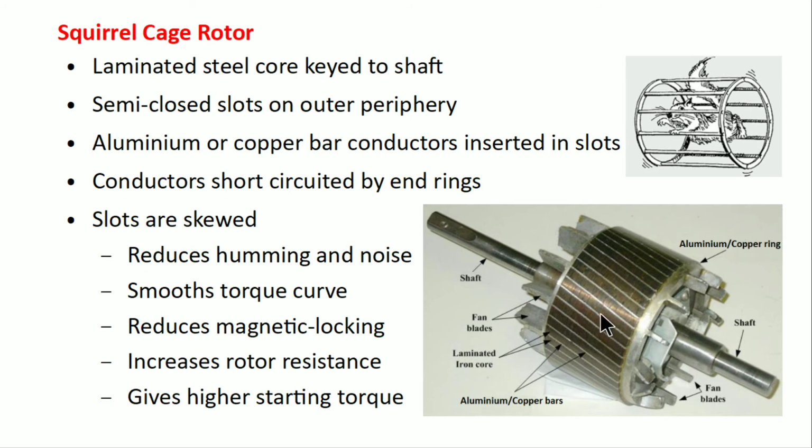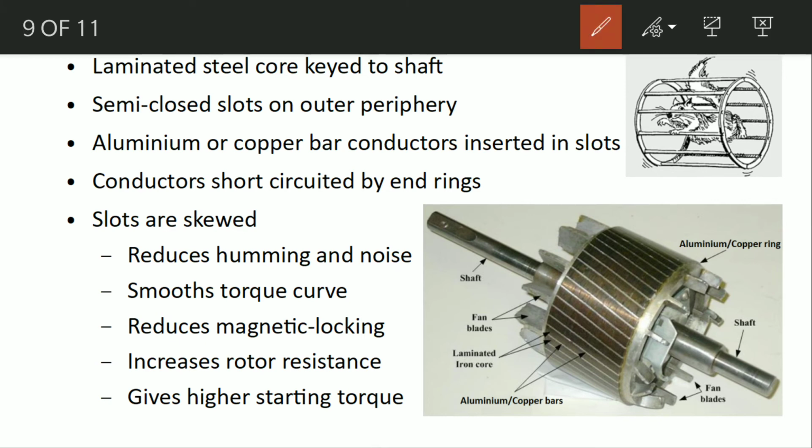If I draw parallel to this, it should come like this, but it is inclined like this. This is called skewing of slots. The rotor slots are skewed. So why are these slots skewed?